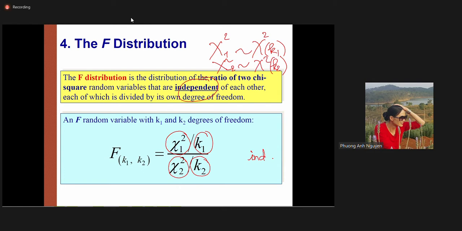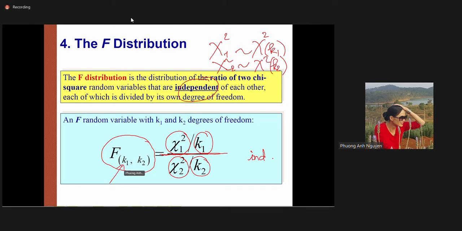What happens if we take chi1 divided by its degree of freedom k1, over chi2 squared divided by k2? The result will follow what is called the F distribution with two degrees of freedom, k1 and k2.